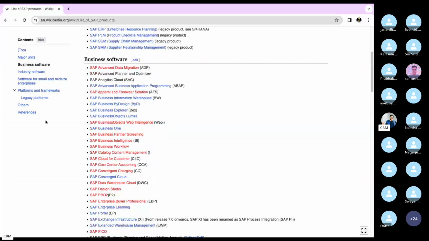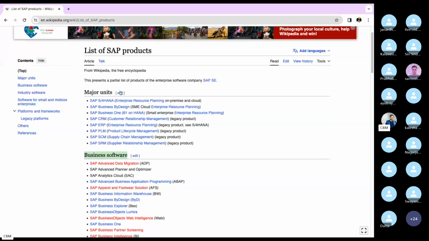SAP is business software, and these are the SAP products. SAP Business Intelligence, SAP Cloud for Customer, Cost Center Accounting, so many products SAP has released.